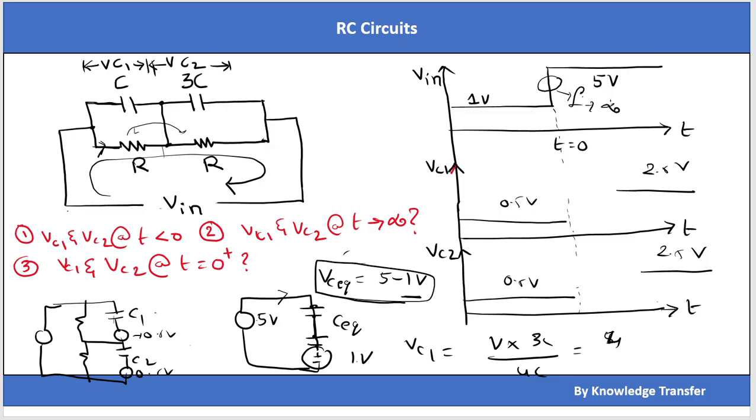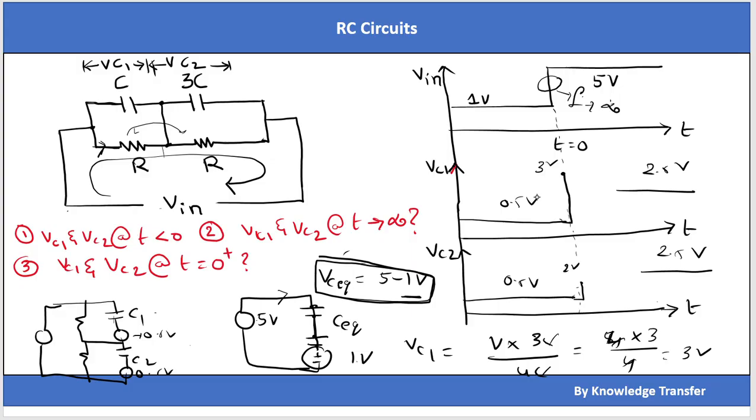The capacitors are seeing, suddenly at t equal to 0, only a difference of 4 volt. That's why we take 4 volt only here. Divided by 4, C cancels, 4 cancels. This is 3 volt. So at t equal to 0 plus, VC1 is charged to 3 volt, and VC2 will charge to 2 volt.